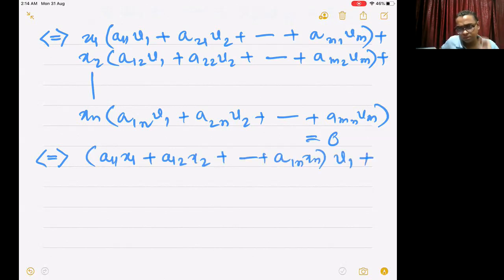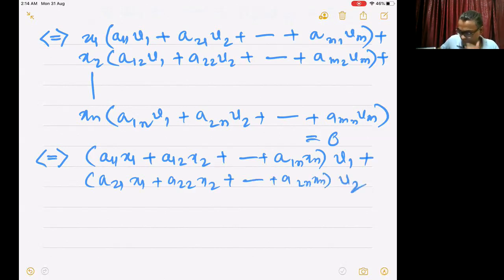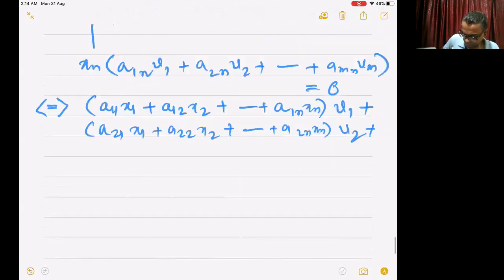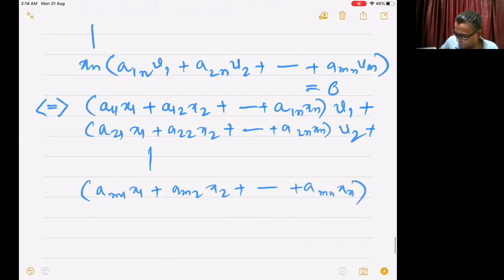This is rearrangement, taking all the v1s together. I will take now a21 x1 plus a22 x2 plus dot dot dot up to a2n xn. This multiplies v2. Plus this will continue. This will give me finally am1 x1 plus am2 x2 plus dot dot dot amn xn times vm. This ought to be equal to 0.